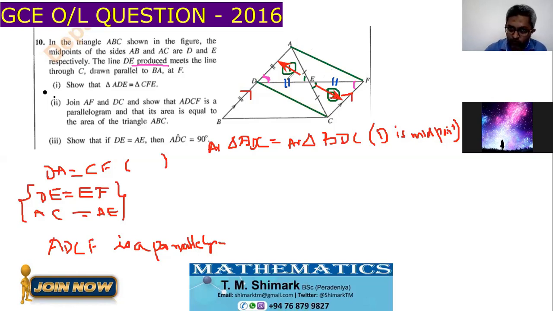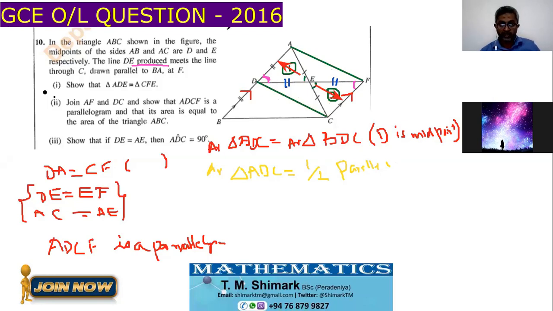So we have proved it to be a parallelogram. So AC will bisect the area of the parallelogram into half, right? So these two are equal, and the full area will be equal to the full area of the parallelogram.